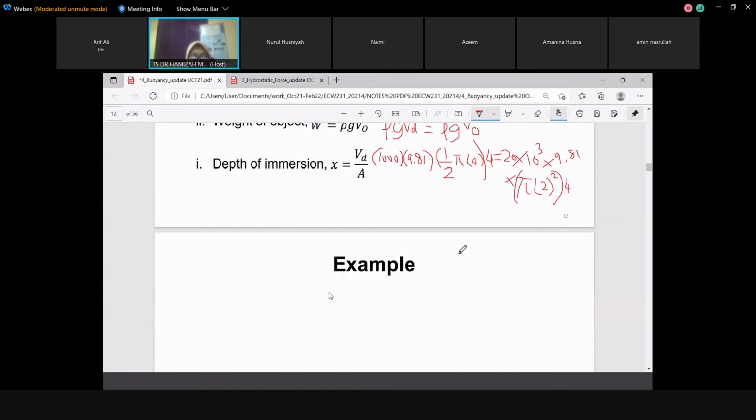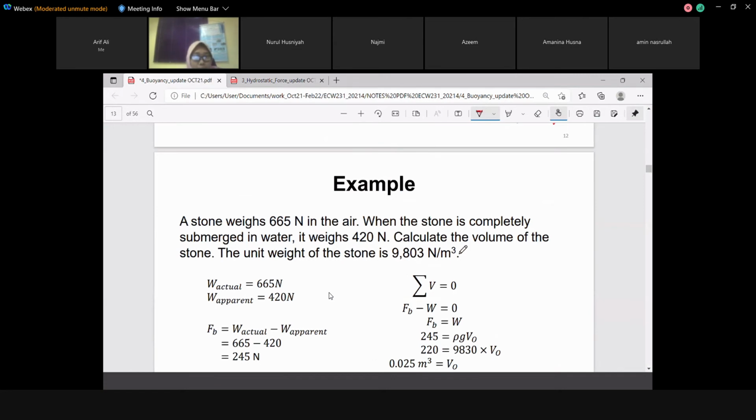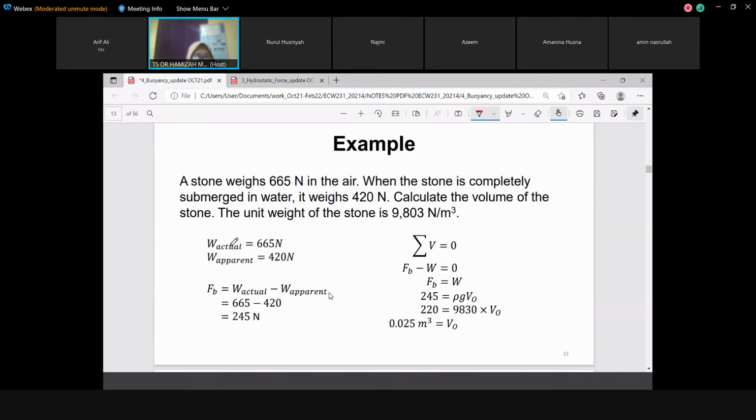Okay, let's see the examples. So, W actual is the weight before going into the water. We can call it weight actual. When it is inside the water, it is weight apparent. Okay, so we need to calculate the volume of the stone. Then they give the unit weight of the stone as 9803 Newton per meter cube.